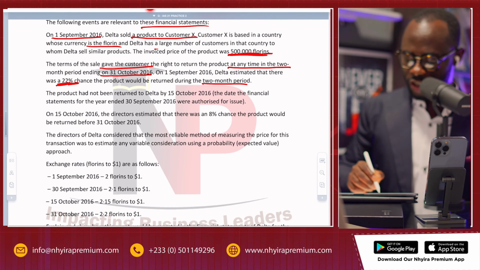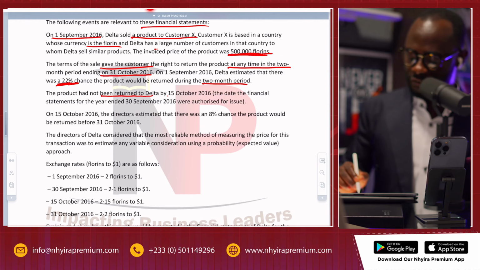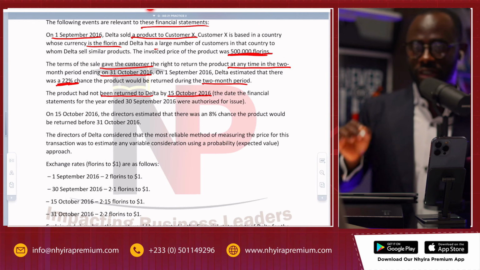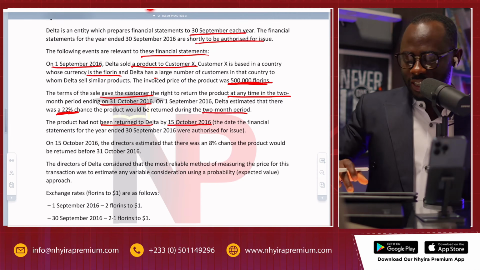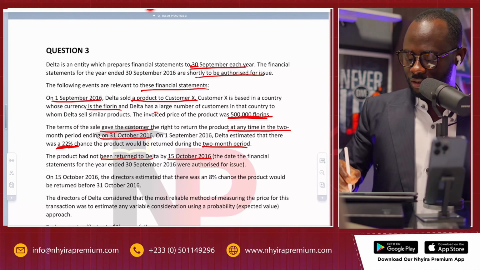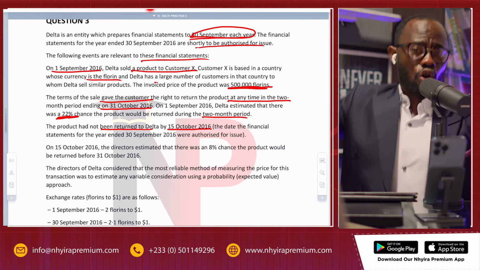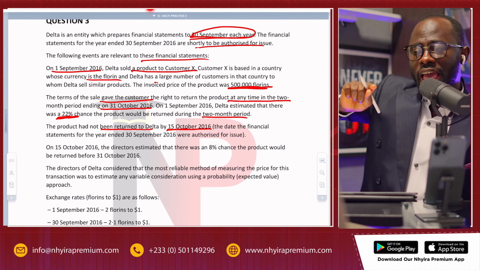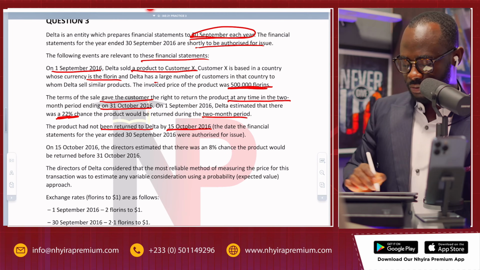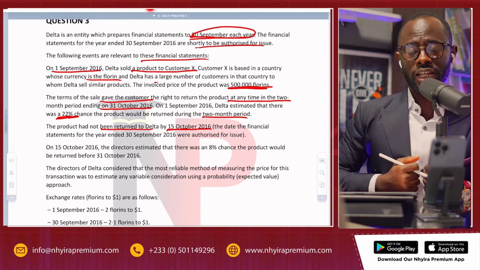The product had not been returned to Delta by 15th of October 2016. Stay with me carefully. Our year ended is 30th September. So September, October. So it means that 2 weeks after the year end, the date on which financial statements are authorized for publication, the goods have still not been returned yet.